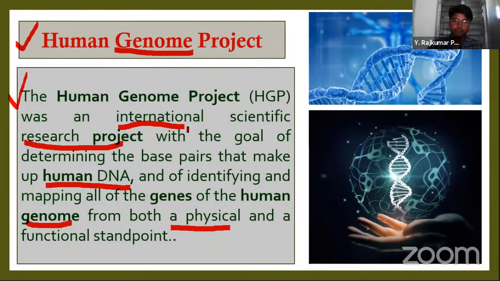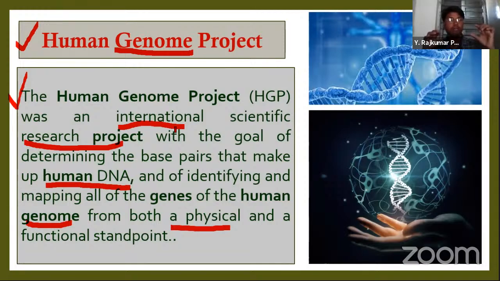That means under this project, we come to know about all the genes of our human body. There are around 30,000 genes in the body, and we will know about the sequence of the genes and the function of particular genes. We also count how many genes exist in each chromosome. So we have around 46 chromosomes, of which 23 are homologous pairs, isn't it?